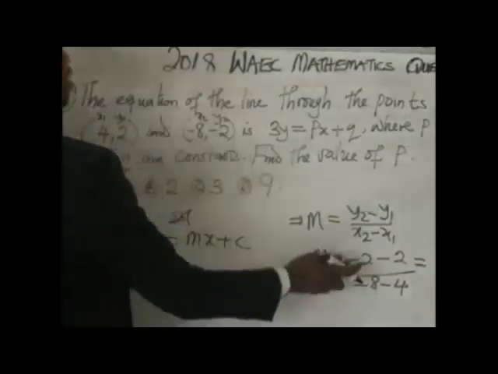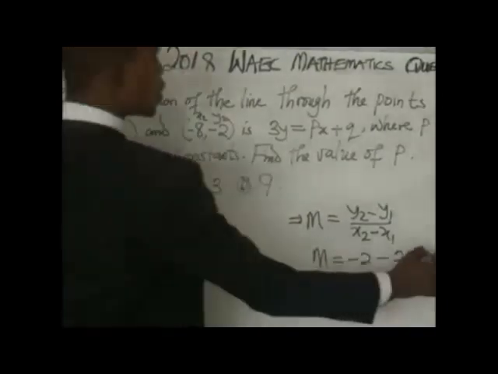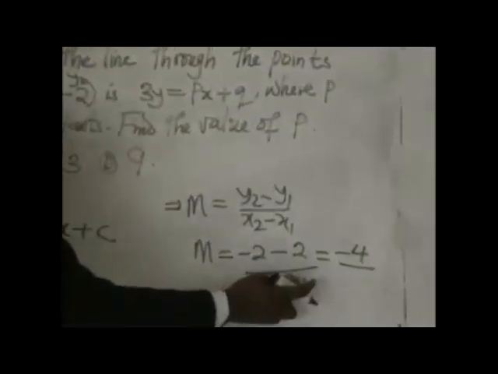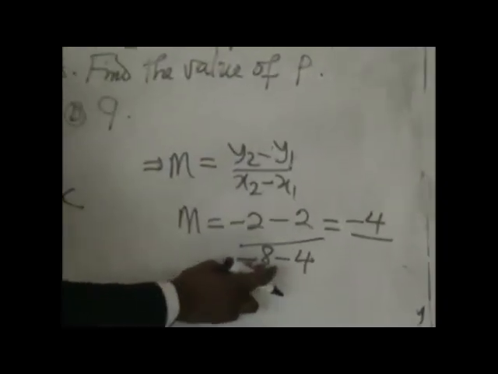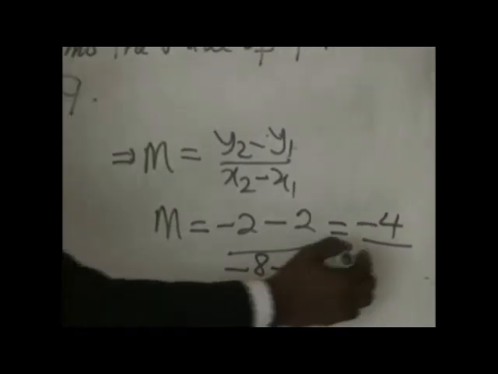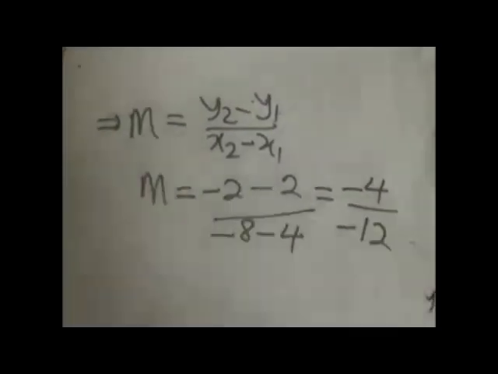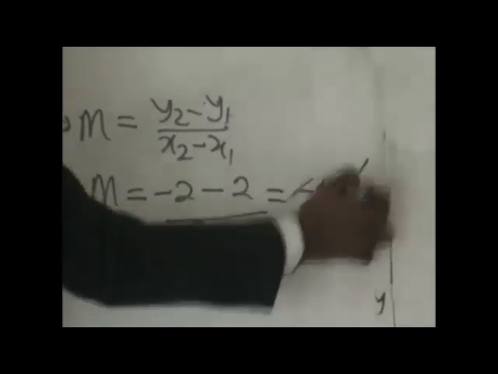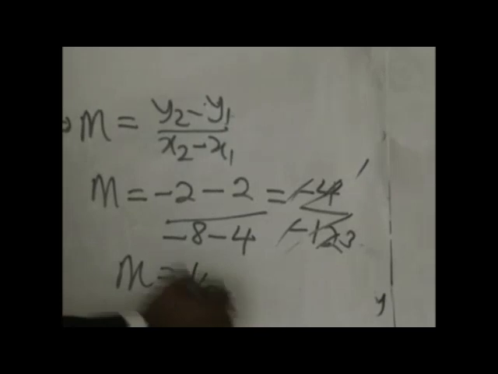So this becomes minus 2 minus 2 will give us minus 4 over minus 8 minus 4, which will give us minus 12. So by the time you divide, we cancel the negatives. 4 into 12 is 3. So the gradient m becomes 1 over 3.